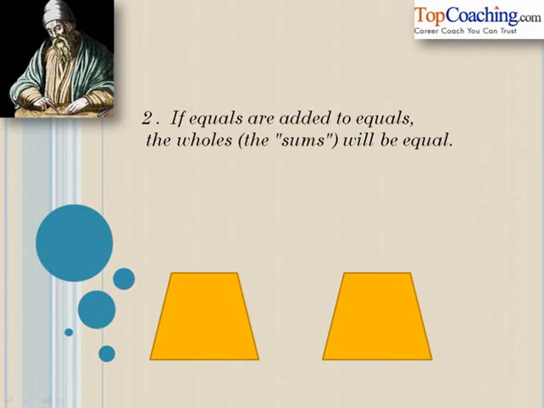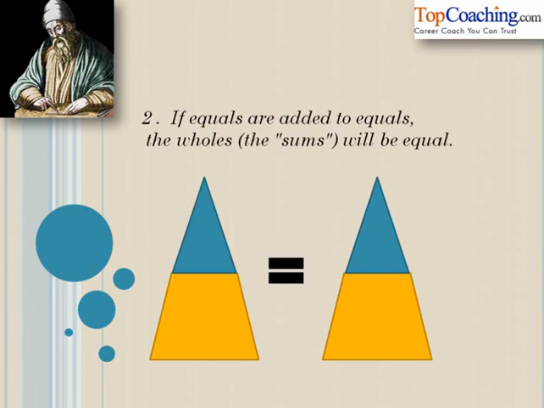For example, if we have two figures such that the area of these two figures is equal to each other, then if we add equal areas to both these figures, let us say that this is the figure which we have added to this figure, and similarly this is the figure we have added to this figure, and these two figures have equal areas, then we can say that the entire area of this portion is equal to entire area of this portion.